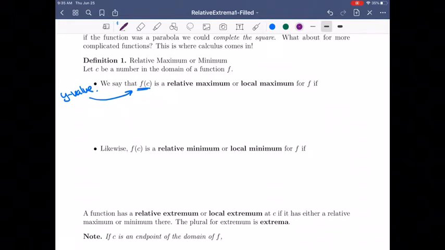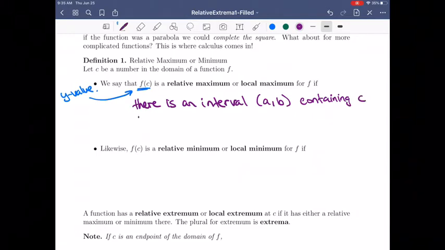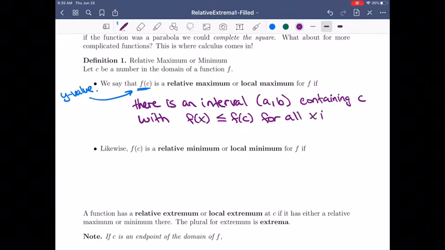For f, if there is an interval, let's say a, b, that contains c, where f of x is less than or equal to f of c for all x in the interval. So what this says is that f of c is the largest y value.